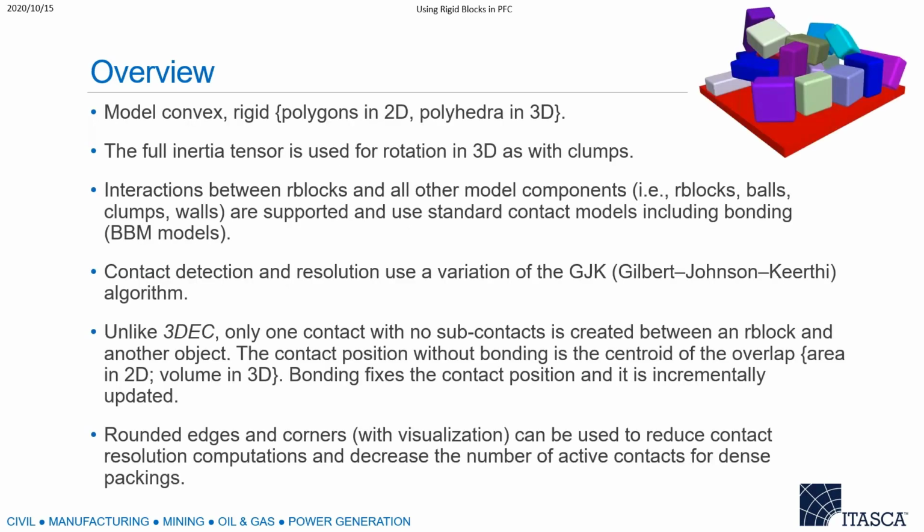So first, since the release of PFC 6, we have the ability to model convex polygons in 2D or polyhedra in 3D. The full inertia tensor of the shapes are used for the rotations, similar to what is done with the clump logic in PFC.